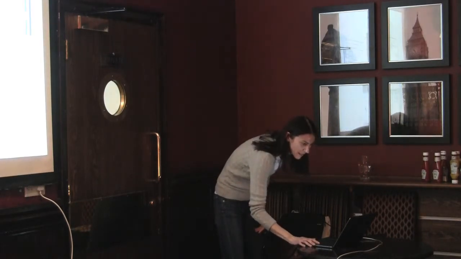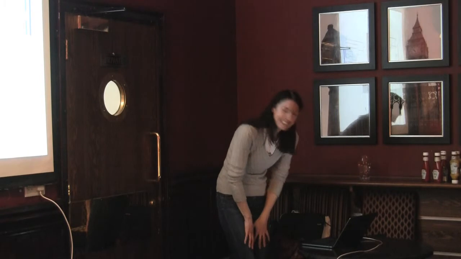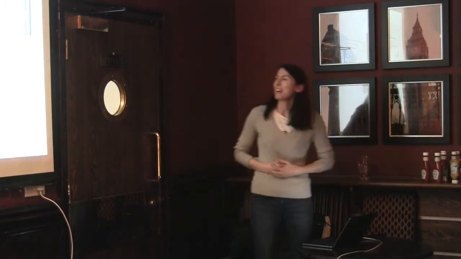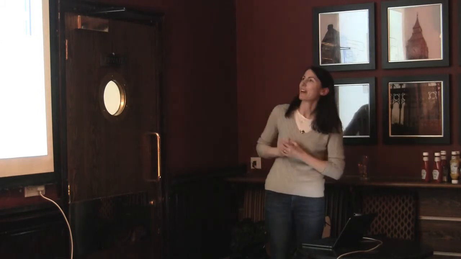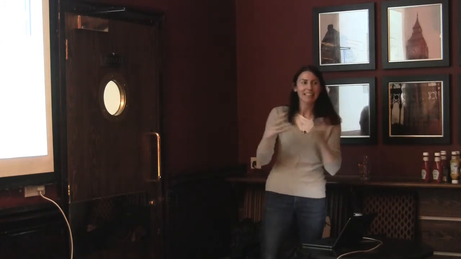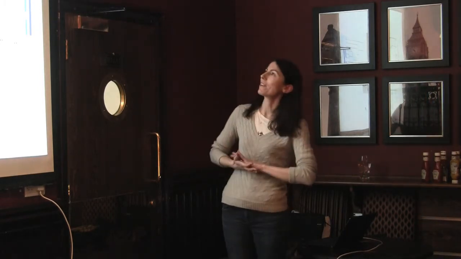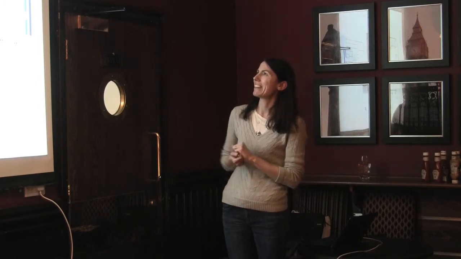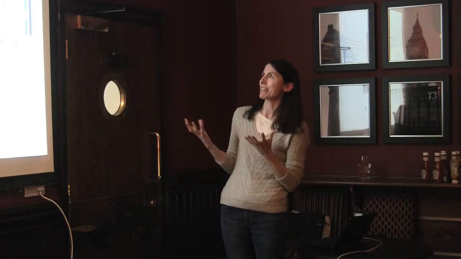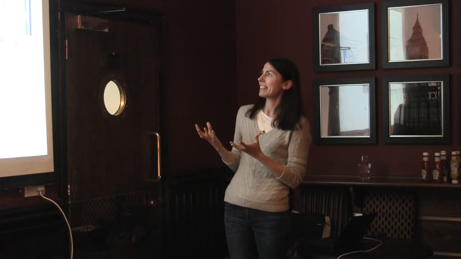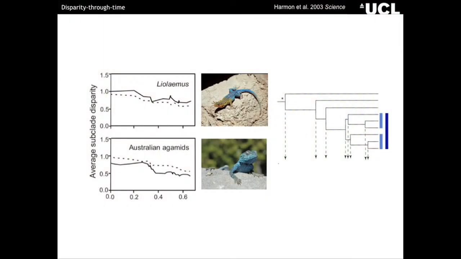Okay, this is kind of technical, but hopefully you can stay with me for a few slides and then we're going to finish up. So we can take that very interesting trait data, those PCAs, and combine it with our phylogeny, and we can produce a mouthful of these disparity through time plots. This is something that Luke Harmon developed, and he was working on different lizard radiations.